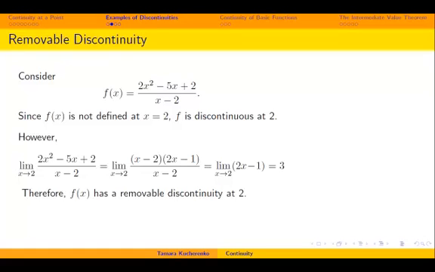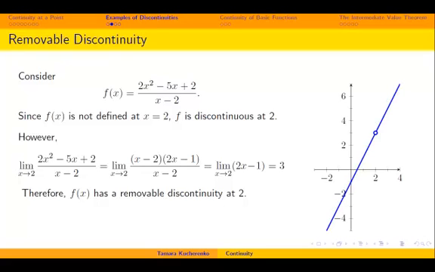Since the limit at 2 exists, the function has a removable discontinuity at 2. You see that the graph of f has a hole at point (2, 3).